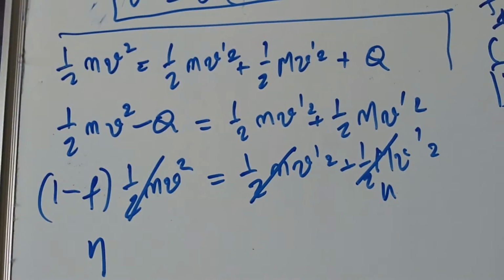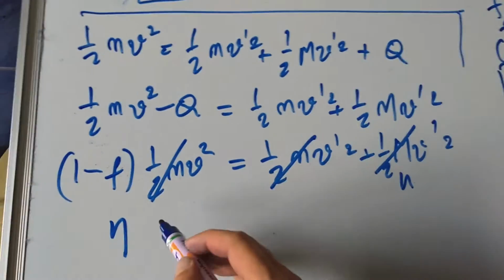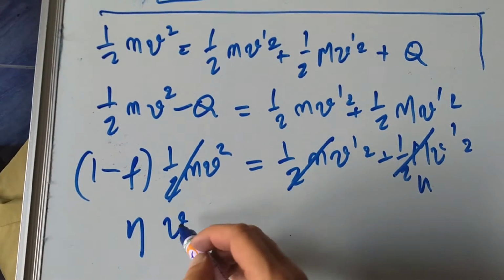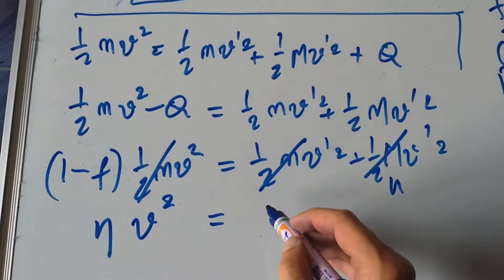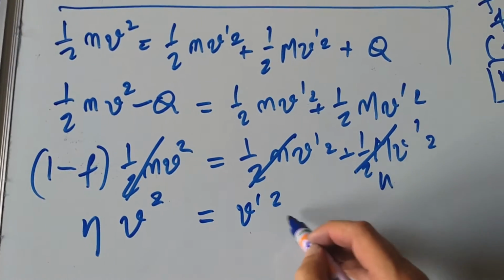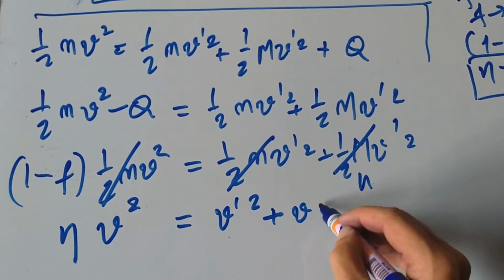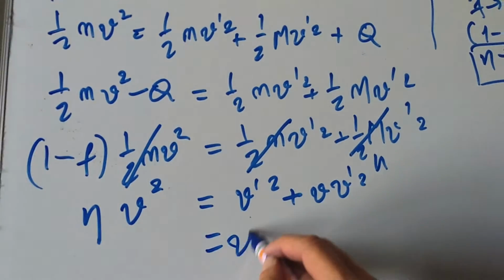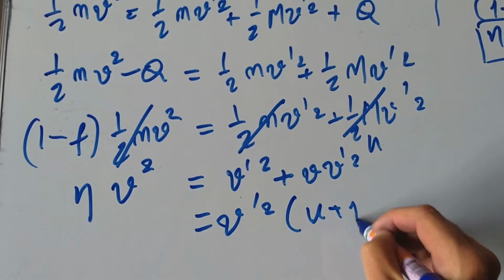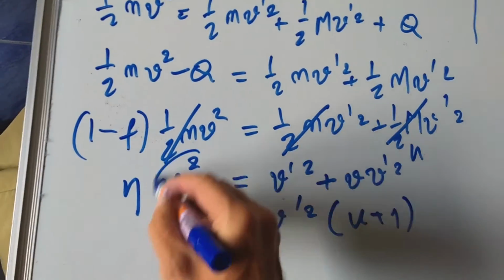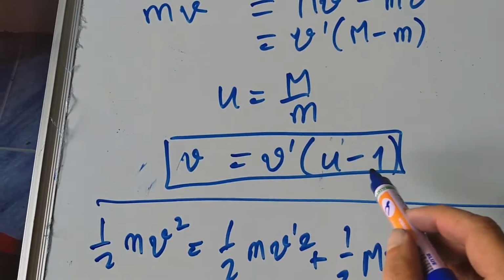Let's cut this out. This is going to become u when I divide by little m. I have efficiency times v squared is equal to v prime squared plus u v prime squared. Let's factor out v prime squared: u plus 1. Beautiful. Now I can substitute what I did with the momentum equation.